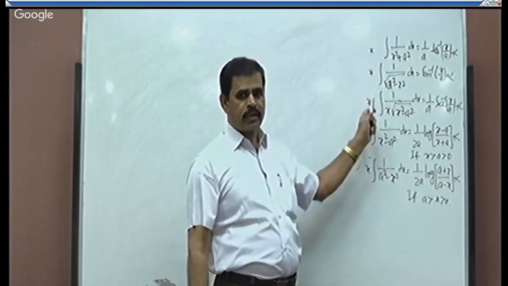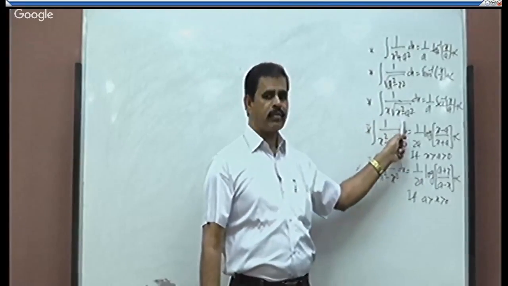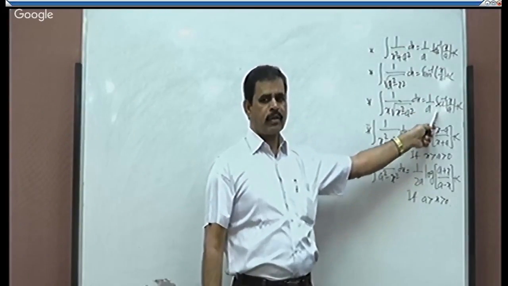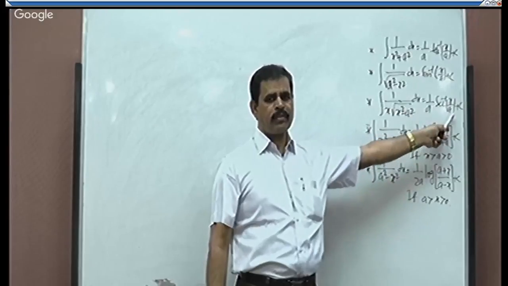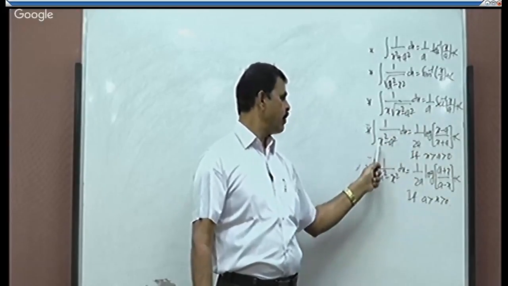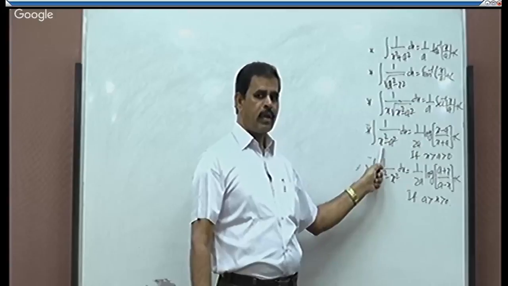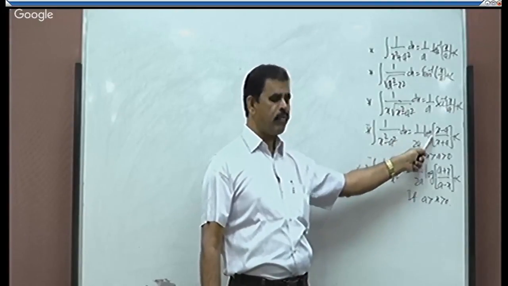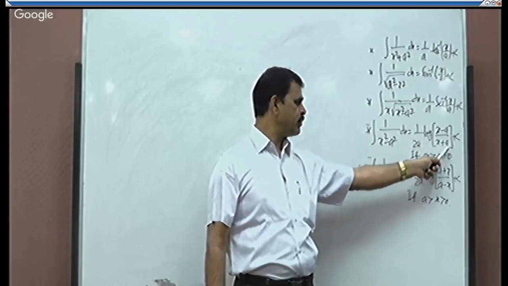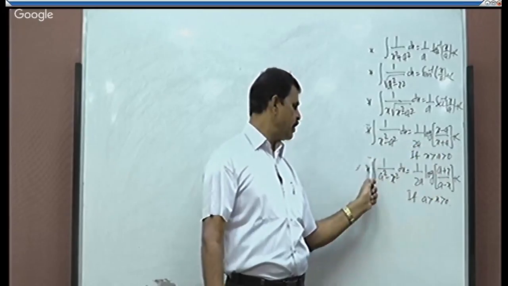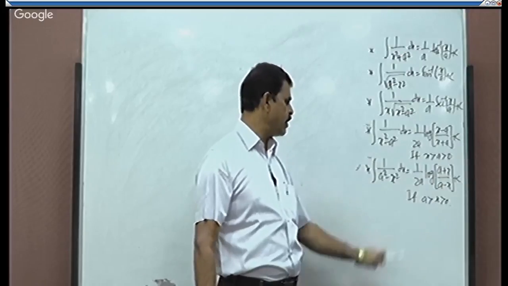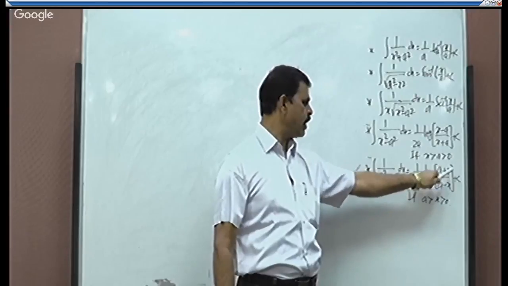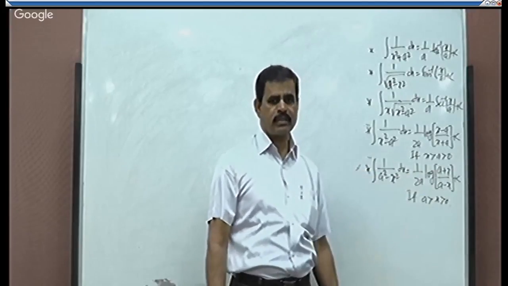Integration of 1 by x into root of x square minus a square into dx is equal to 1 by a into secant inverse of x by a plus c. Integration of 1 by x square minus a square dx is equal to 1 by 2a into log of x minus a by x plus a plus c. Integration of 1 by a square minus x square dx is equal to 1 by 2a into log of x plus a by x minus a plus c. Right?